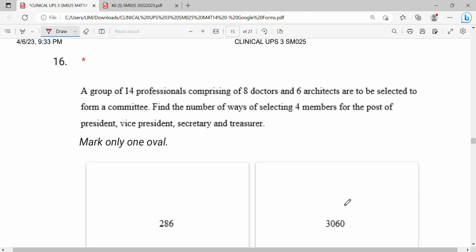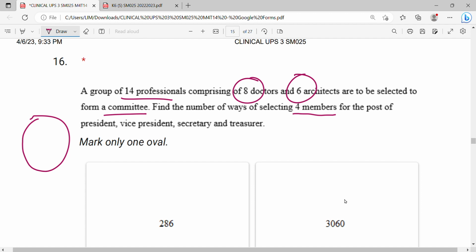Okay, so what else? So 14 professionals. Here we have 8 total, 6 applicants. Select to form a committee, also committee, but select this 4. So you have position. When you have position means you need to arrange already. Kalau kamu dalam satu JK, tak payahlah nak susun.